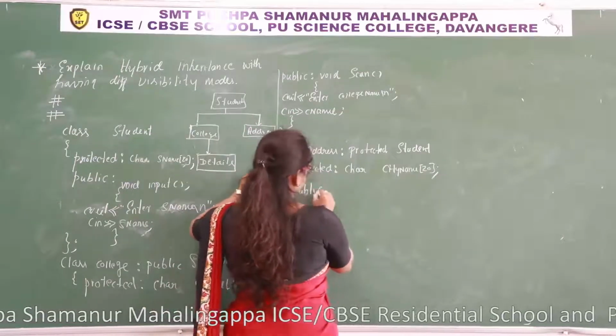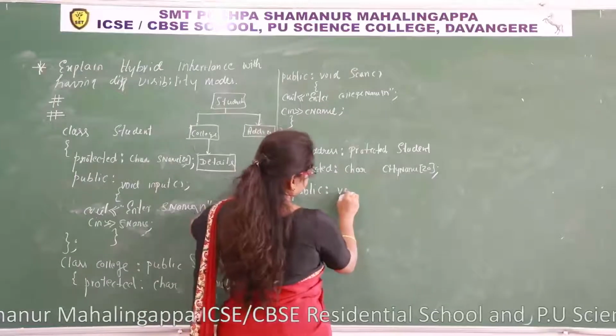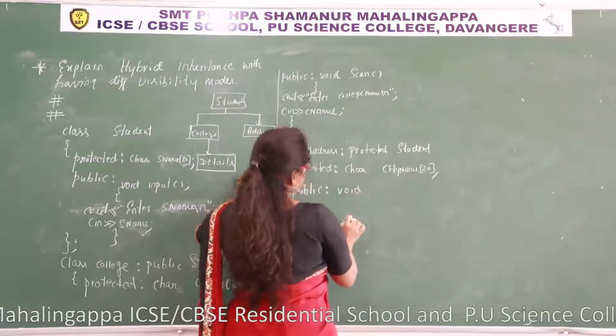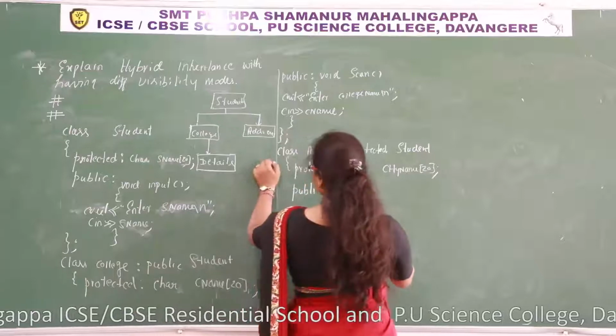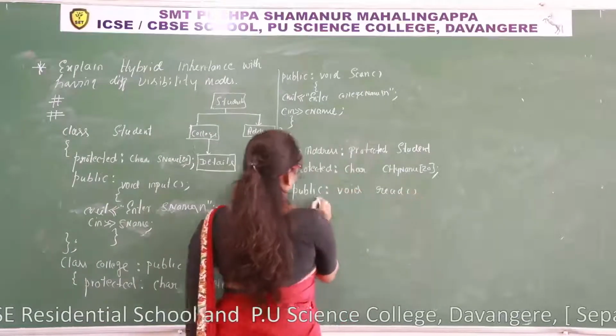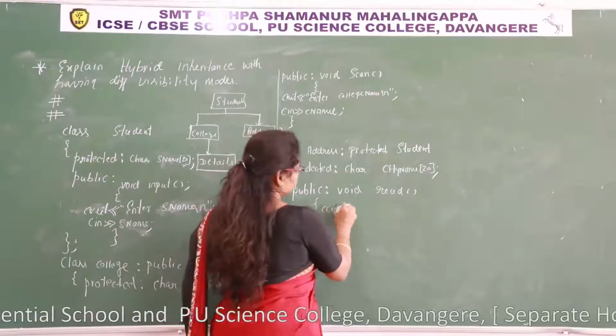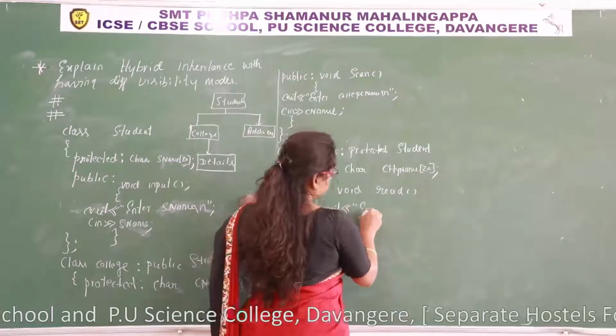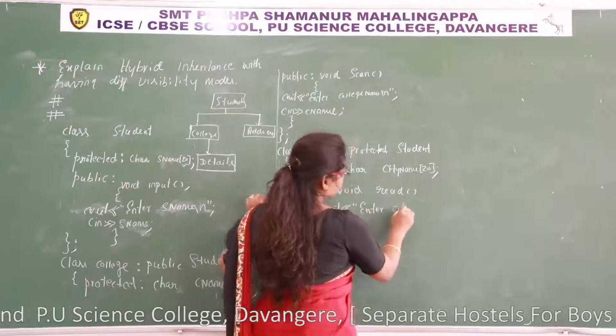Public, void read, I'll take the name of the function as void read. Cout, enter city name.